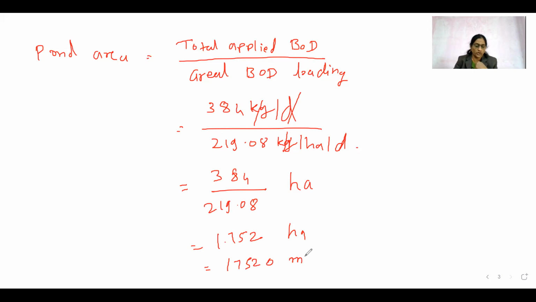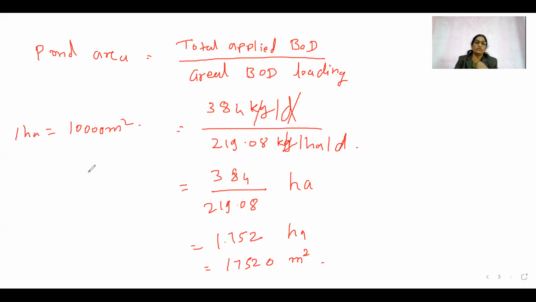Or you may write it as 17520 meters square. Is that right? Why? Because 1 hectare is equal to 1000 meters square, so I can multiply by 1000 here. Sorry, not 1000, 10,000.